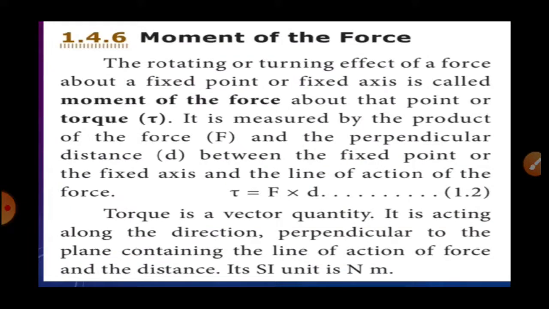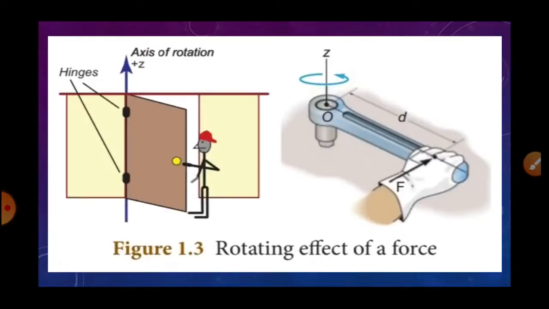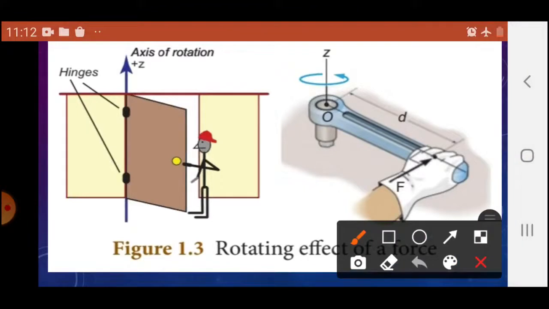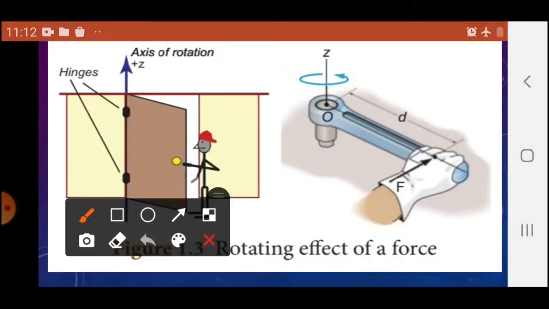It is measured by the product of the force and the perpendicular distance between the fixed point or fixed axis and the line of action of force. So how do we get it? The product of force and perpendicular distance. In the diagram, listen here, this is the distance, this is the force.